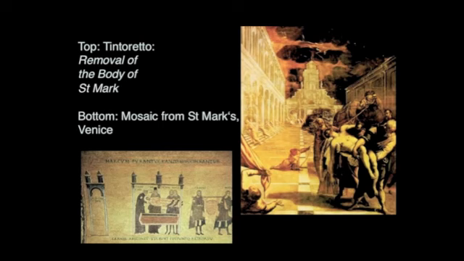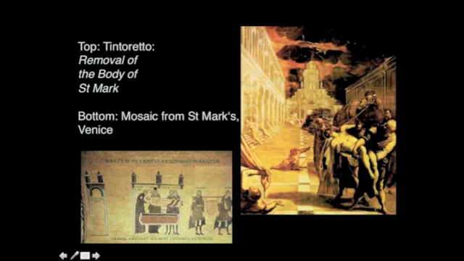And the reason they wanted to steal his body is this is an important relic. This is an apostle. And if they could get the body of St. Mark to Venice, then they would be able to establish a church. Then they would be able to attract pilgrims. Then the status of the city would become not simply mercantile, but also important in terms of its presence in the Christian pantheon.